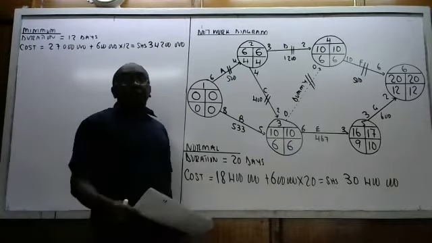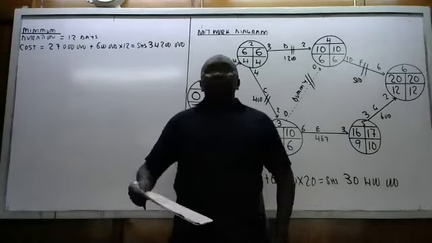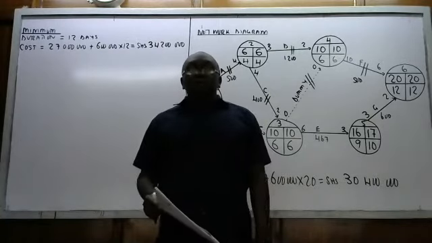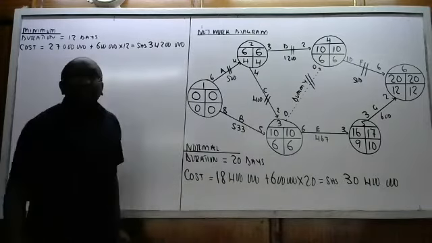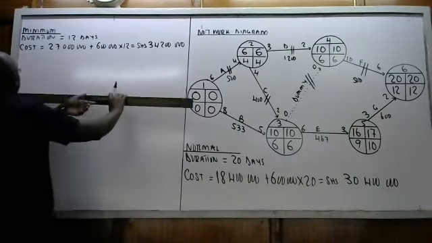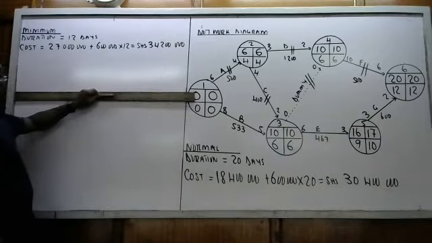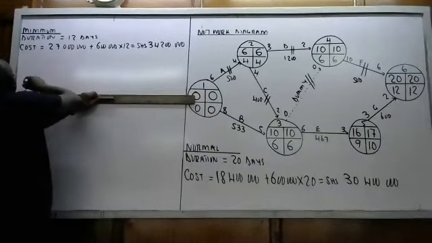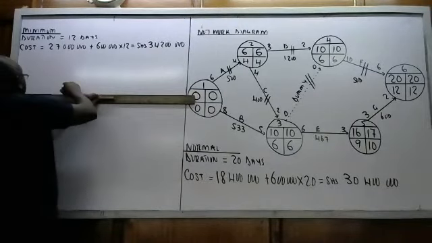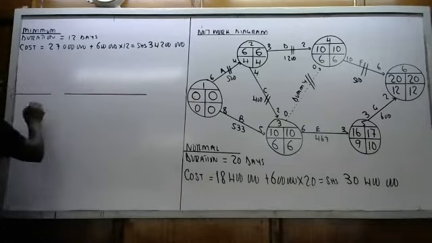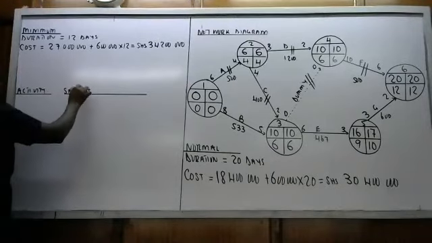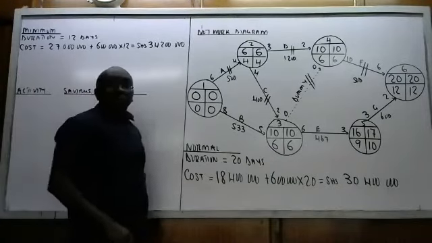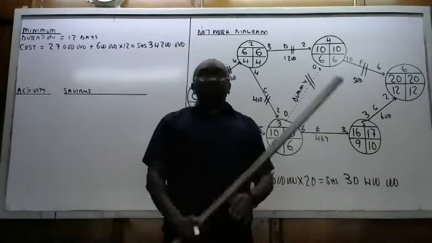So for you now to talk about the optimum, you must check whether there will be any savings. So down here, I will have the activity, and then we have savings.